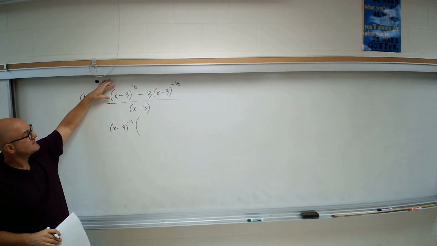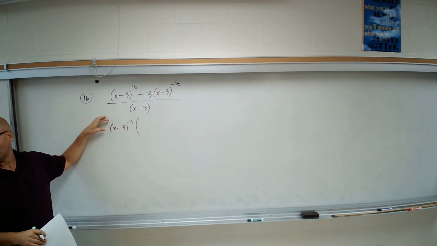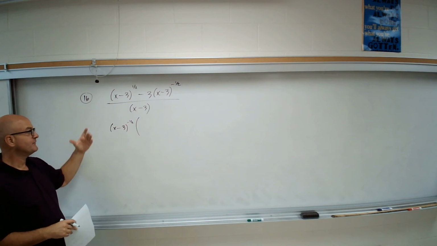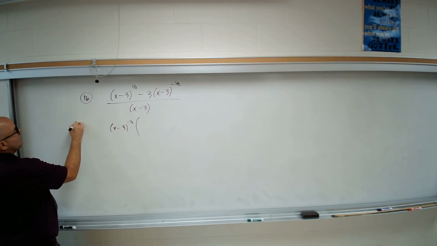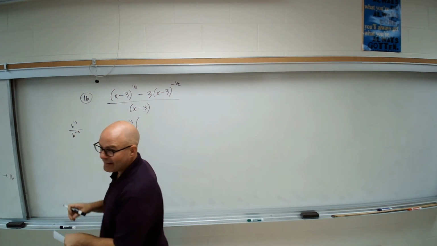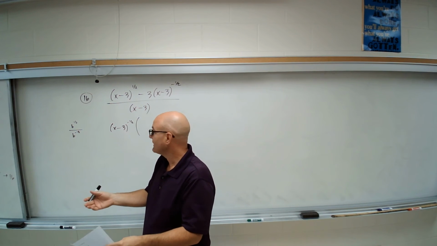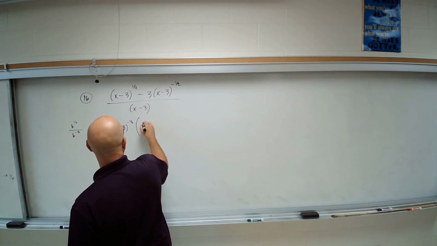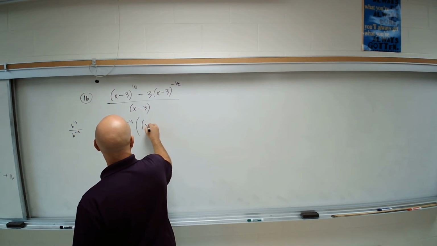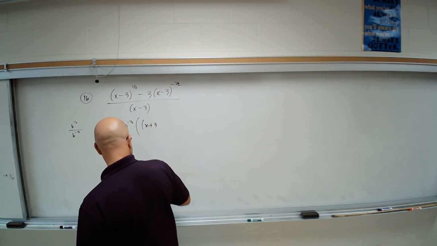So if you take this and divide it by x minus 3 to the negative 1/2, well, you have a base to a 1/2 divided by a base to the negative 1/2. So when we subtract them, we just get the base, correct? So this is just going to be x minus 3. Oh, that's a plus though.